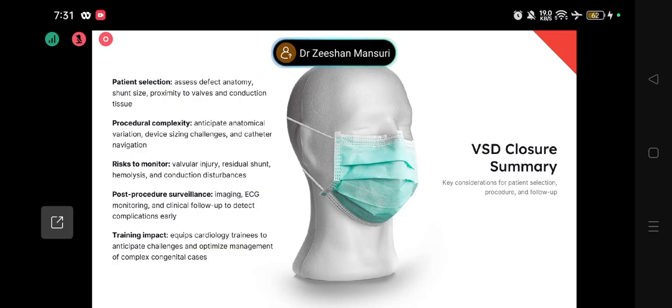You need to take a break if you don't cross within a minute. Then it is a high pressure chamber, so there is a high risk of hemolysis if the defect is not closed properly. There is a risk of heart block, which is not there with PDA, not there with ASD.